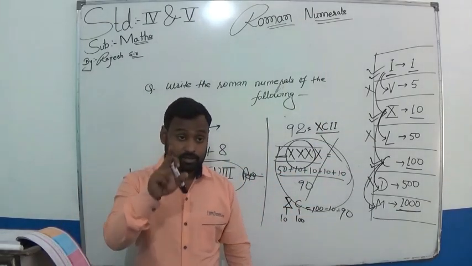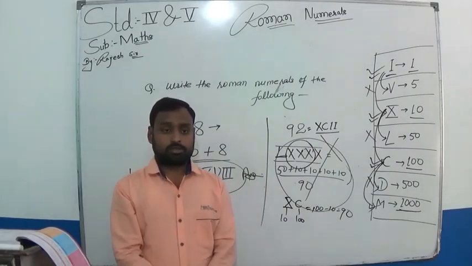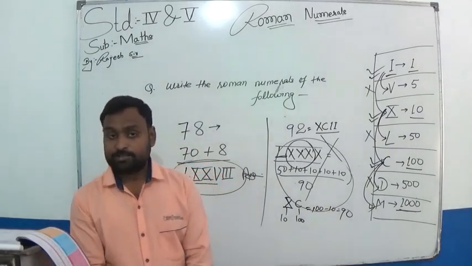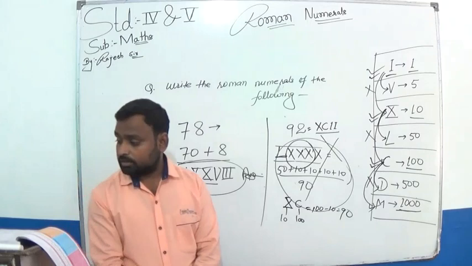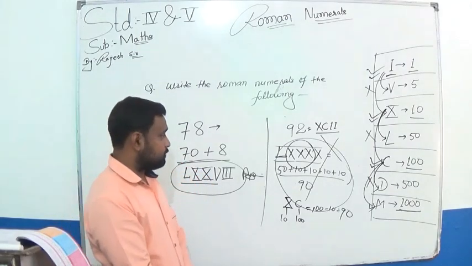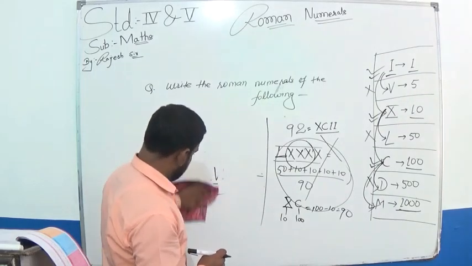It is 92. Same way for class 5, like 196. For class 5, 196.